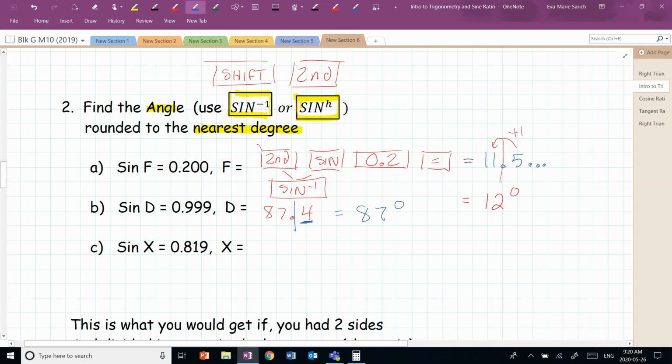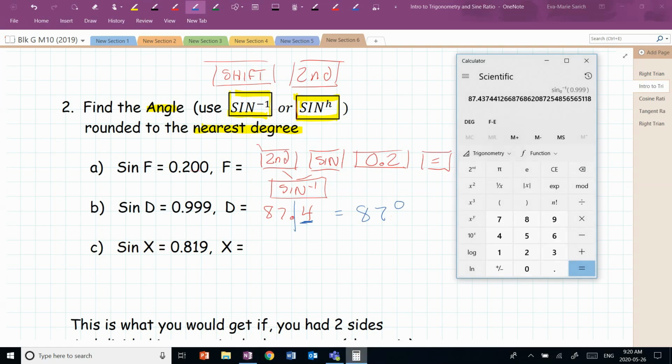Okay. The last one, we're going to find the sine of x. Again, go back to our calculator, clear it. So for me, I put the decimal in first, so it's 0.819. I'm going to go to my trigonometry functions. I need to press the second function, inverse of sine, and I get 54.98.